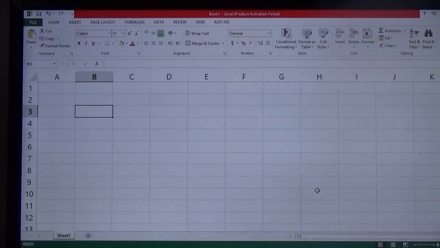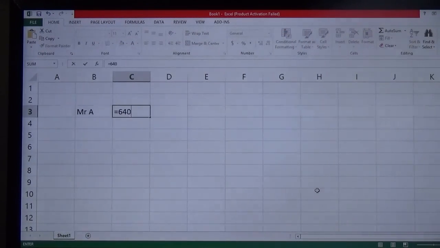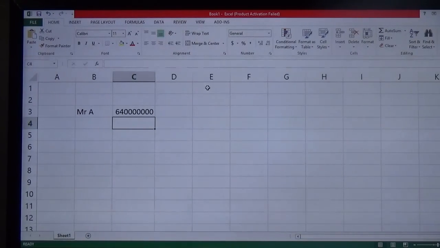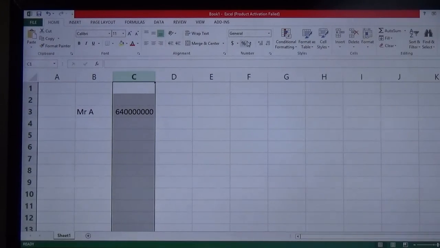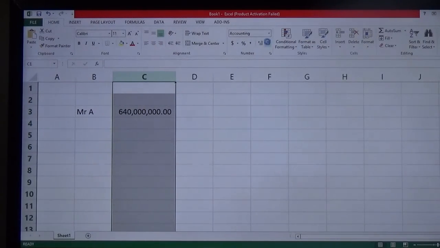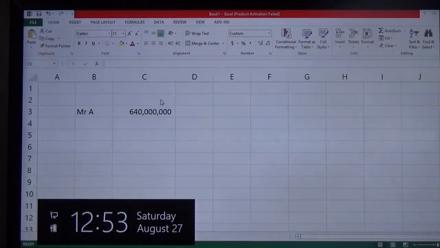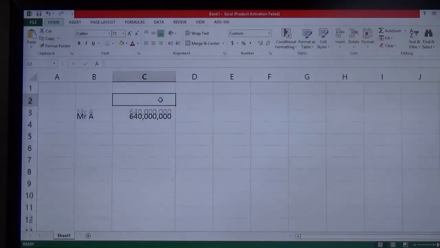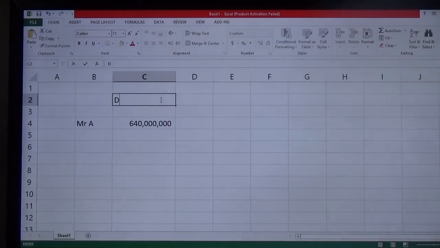Suppose you have a person, Mr. A. Mr. A has 640 million Russian rubles in his account, and suppose this is Deutsche.